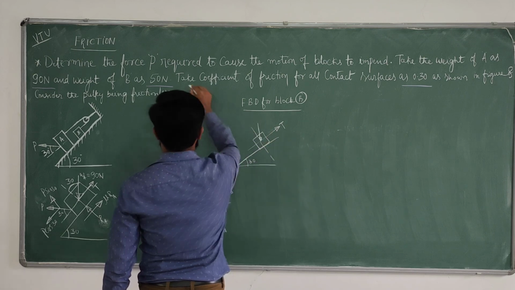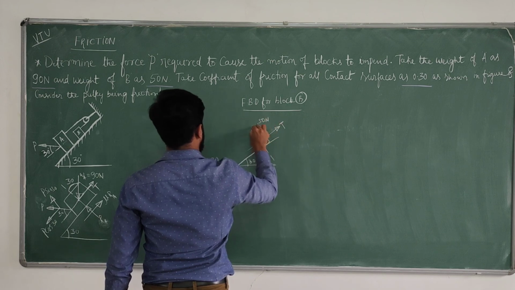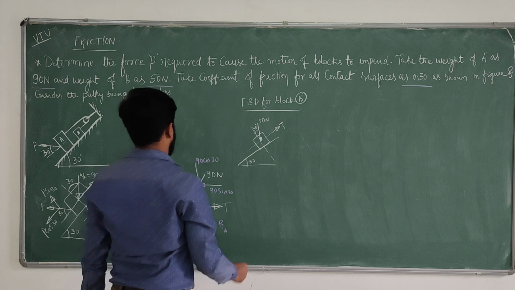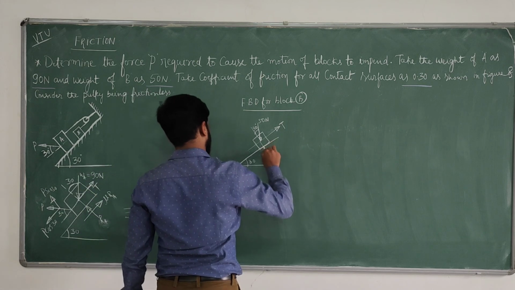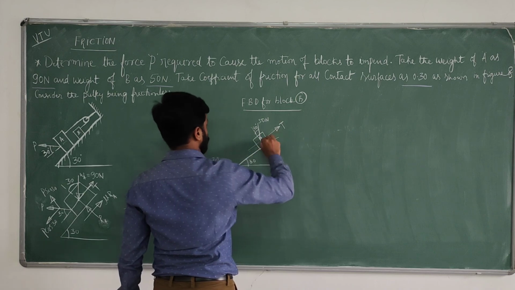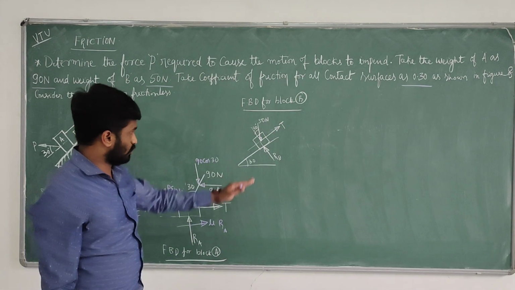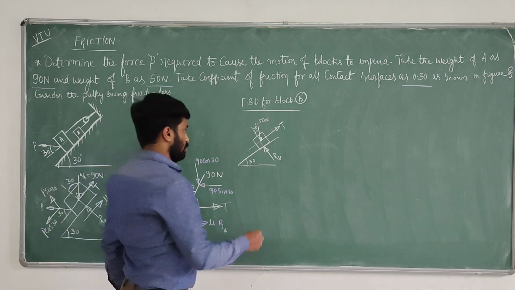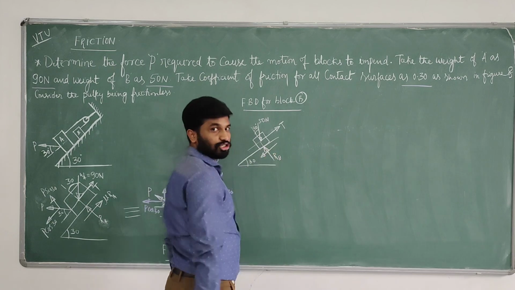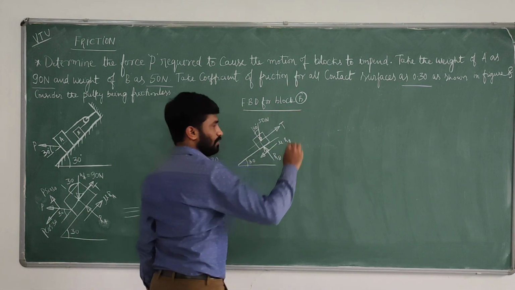That weight is given as 50 Newton, and this angle, from the angle of repose concept, is also 30 degrees. For the weight there is a reaction RB, because the tension of the string will try to pull in this direction. There is no force in this direction, therefore the frictional force that develops in this direction is mu into RB.